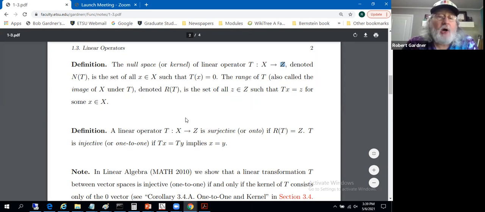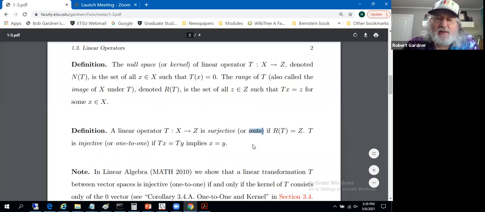So you plug in all vectors X from linear space capital X into this, apply transformation T to all those vectors, and you'll get everything in Z. It maps onto Z. Surjective is more of an algebraist term. Analysts more prone to use the term onto.